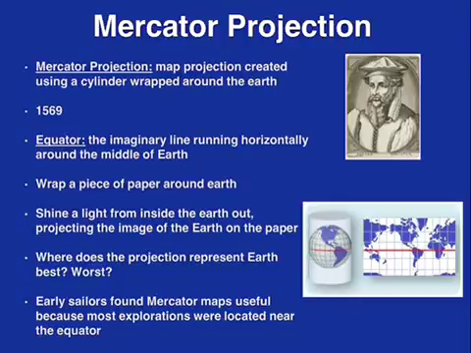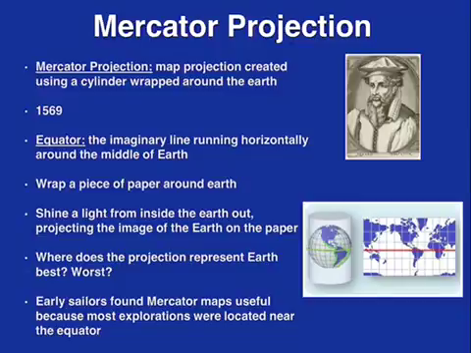The equator is your imaginary line running horizontally through the middle of Earth. What they would do is shine a light from inside the globe out onto the paper, and then trace the features onto that piece of paper.